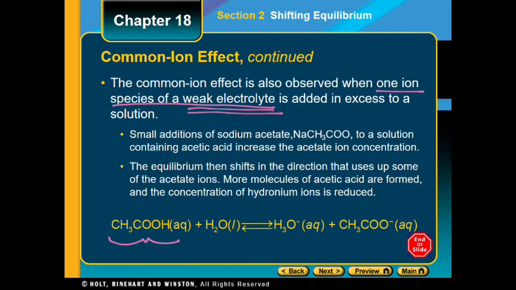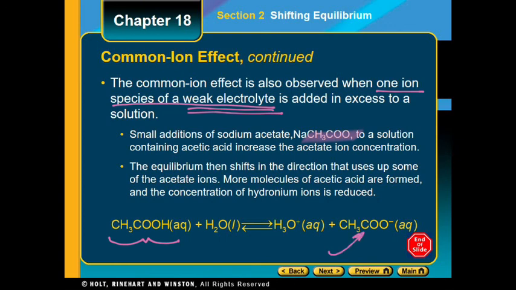If you add small additions of sodium acetate, again, the common ion would be that acetate ion. If you add a little bit of sodium acetate to the solution containing this acetic acid, it will increase the acetate ion concentration.